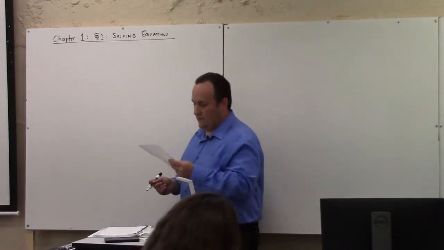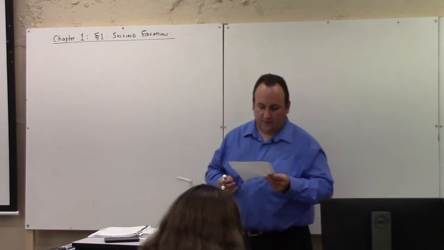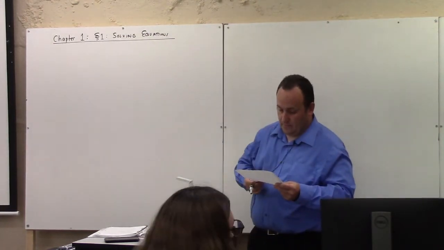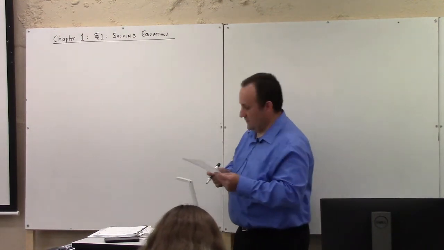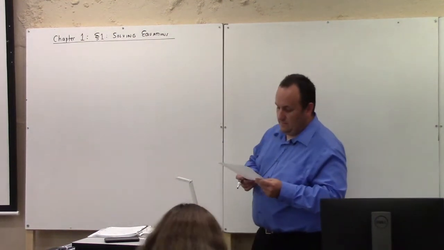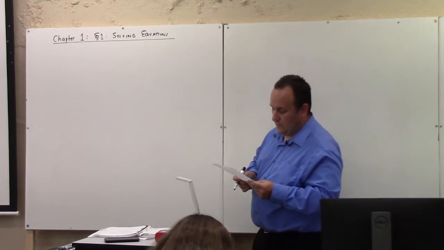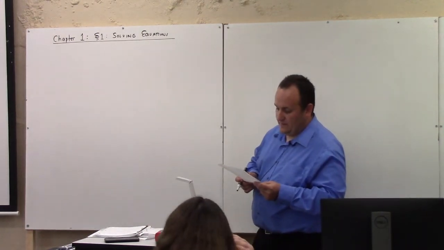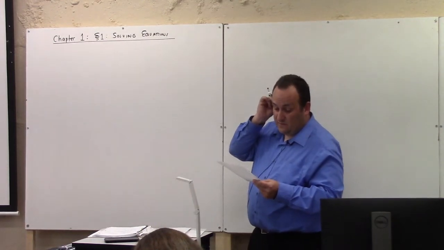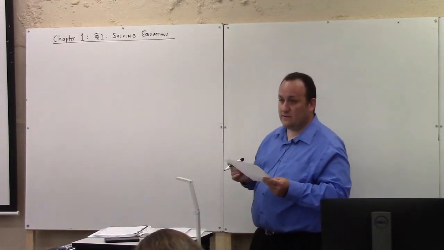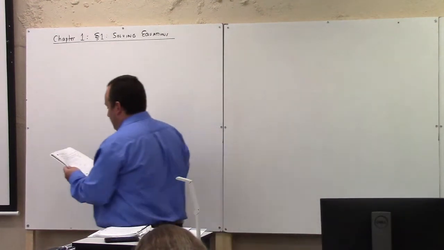All right. So what is an equation? An equation is a number sentence that says expressions are equal. What's a solution? A solution is a replacement for a variable that makes the equation a true statement. What does it mean to solve? To solve means to find all solutions to an equation. I'll write those things down again here.